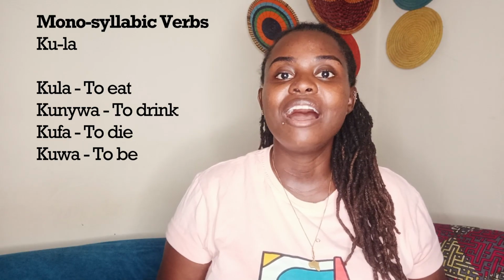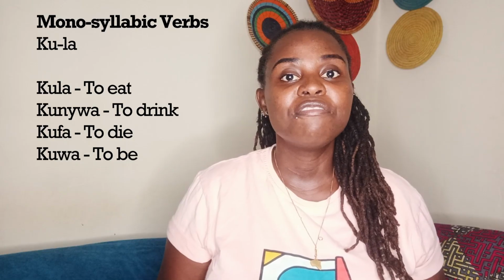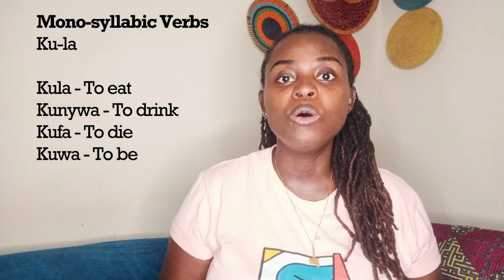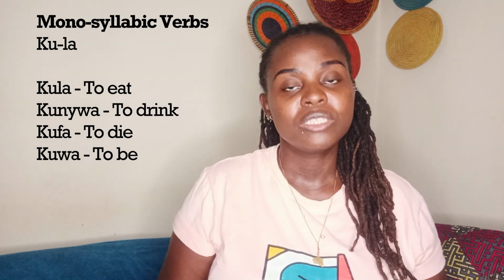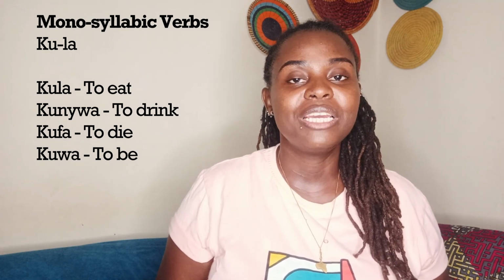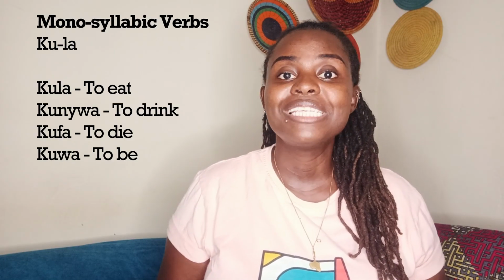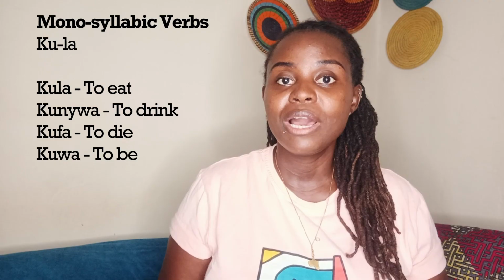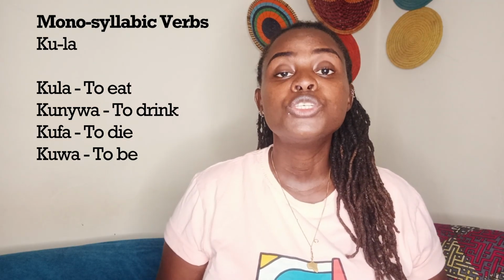Lastly, we learned that there are verbs that are monosyllabic. Monosyllabic verbs are verbs that have only one syllable attached to the prefix ku. We know that every Swahili verb comes with a prefix ku. In this case, a monosyllabic verb has ku plus 1 syllable. A good example is to eat.